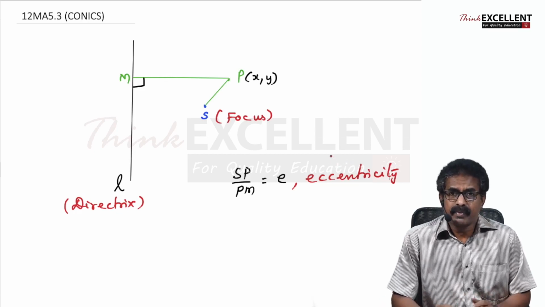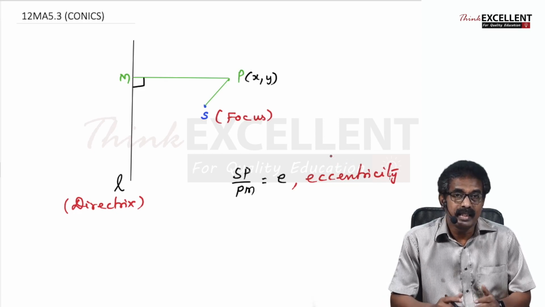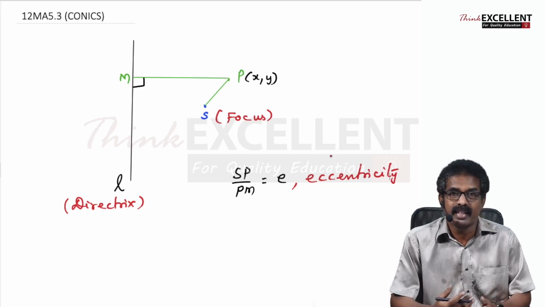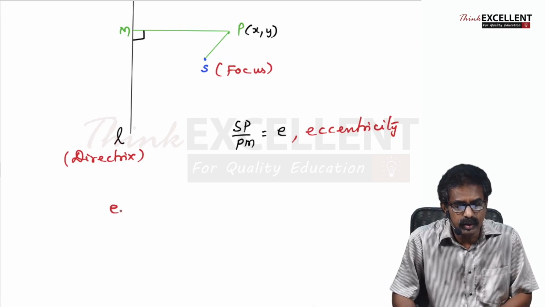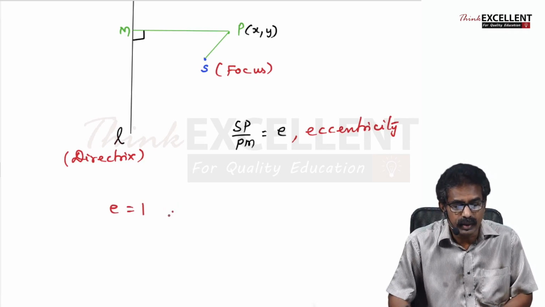There are different types of conics. So when this e changes, we get different curves, right? So when the eccentricity equals 1, that conic we call a parabola.